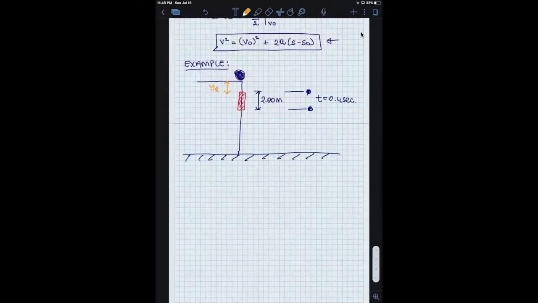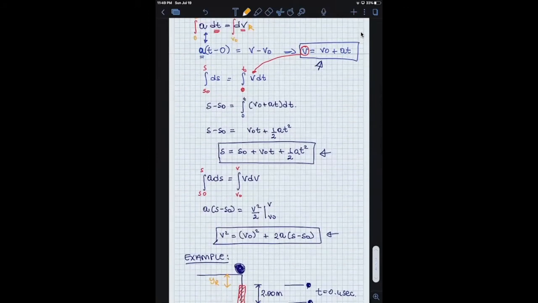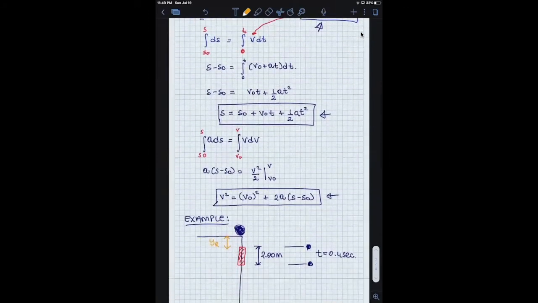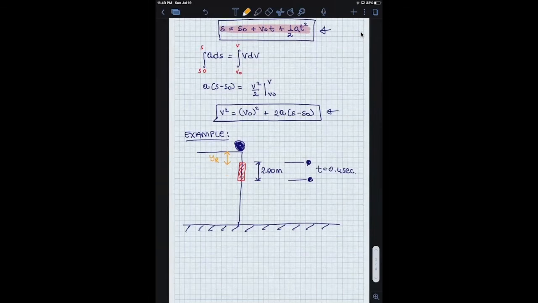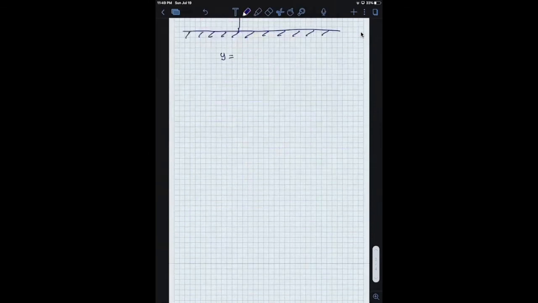To solve this problem, we're going to use one of these equations. Primarily, we're going to use the second equation, this equation right here: y is equal to y naught plus v naught t plus 1/2 a t squared.